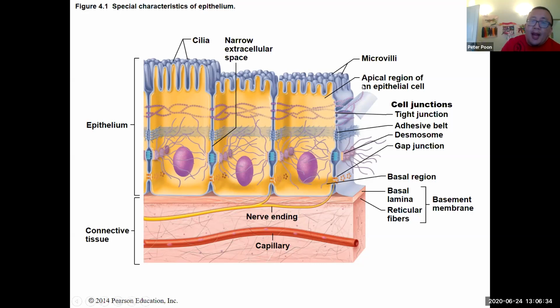The apical surface will face something called the lumen, the empty space. Lumen literally means light. So when you look at tissue, you'll see the places where light comes through. That is the empty space. If you think of a blood vessel, where the blood is actually running through is the lumen. It's the empty space. So the apical surface will always face the empty space.